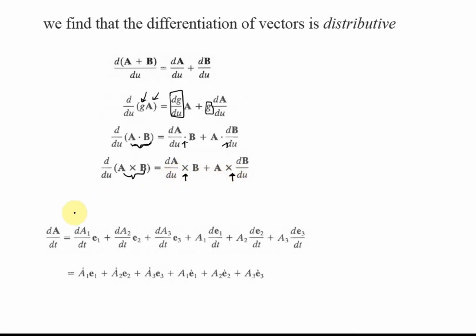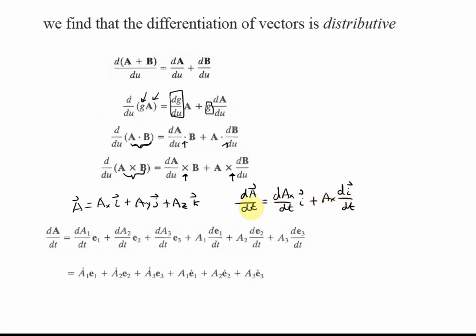And then lastly, I told you that the vector A can be broken into different components, right? So a vector is, let's say, Ax i, Ay j, and Az k, something like that. So if you take the derivative of vector A, then you can say dAx over dt i plus Ax di over dt, because I just use this product rule.